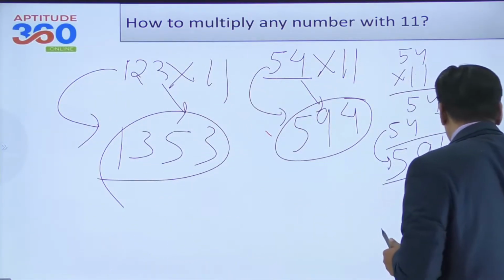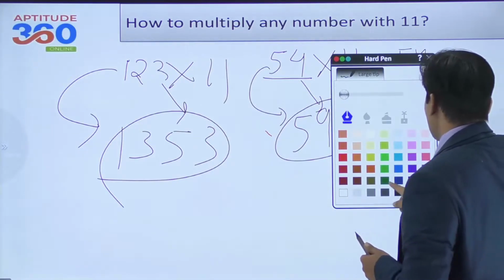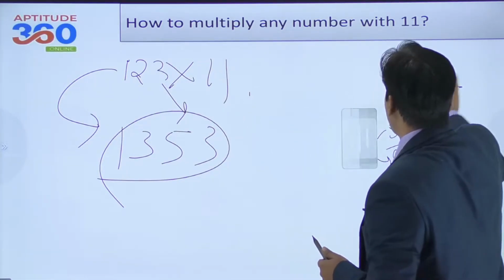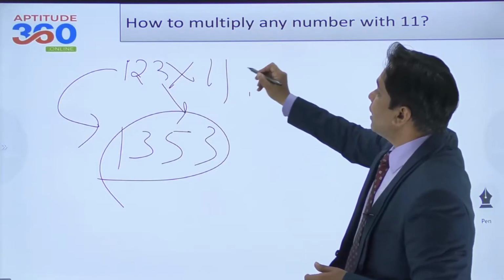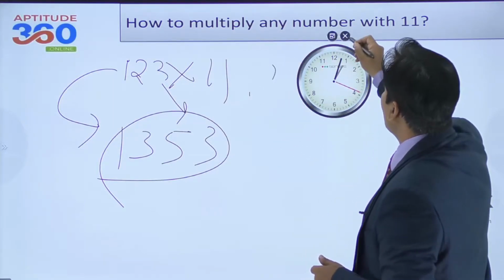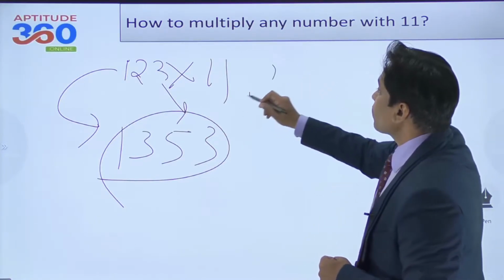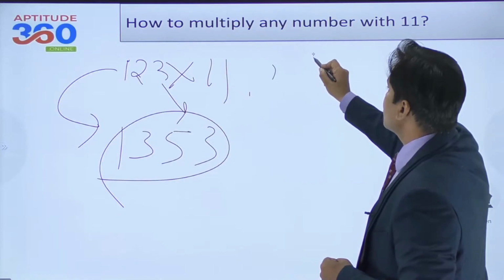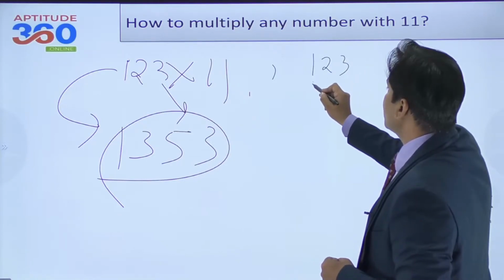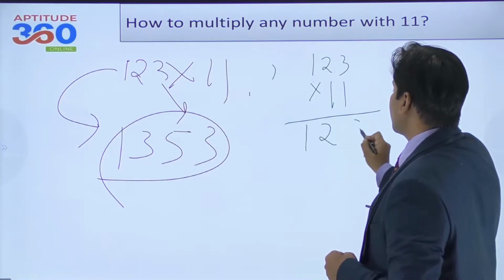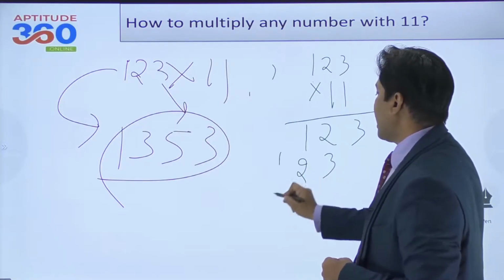If you want to understand how I did this step by step, this is your answer. What is my step number 1? If I need to find out 123 with 11, my first number out here is 123. If you do it with the normal method, you will get 123 and then 3 2 and 1.